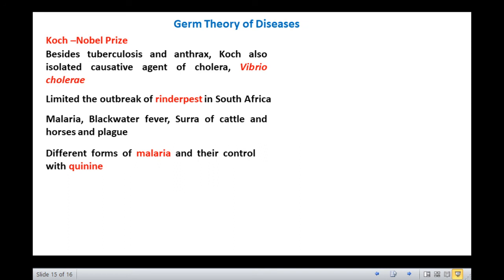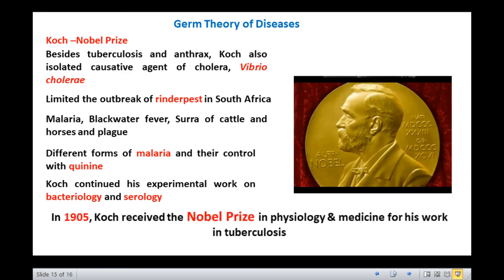Thereafter, Koch continued his experimental work on bacteriology and serology. In 1905, Koch received the Nobel Prize in Physiology and Medicine for his work in tuberculosis.